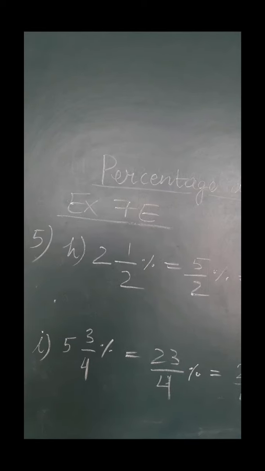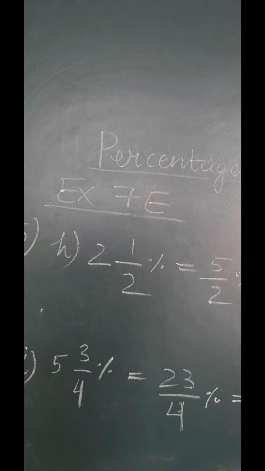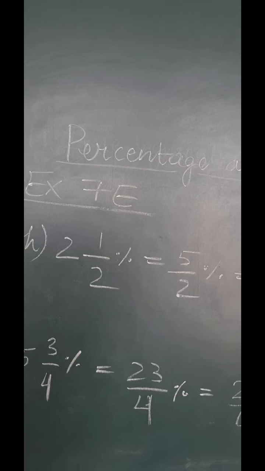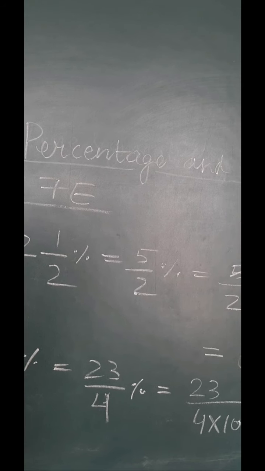Now moving on to the next option, that is I option. 5 whole 3 upon 4%. Again it's a mixed fraction. Firstly convert it into improper fraction. It is a mixed percentage, convert it into improper percentage because it is having a symbol of percentage, so we cannot say it as fraction. So 4 5s are 20, 20 plus 3 will be 23 upon 4%.